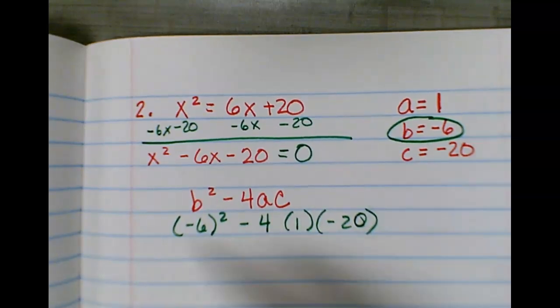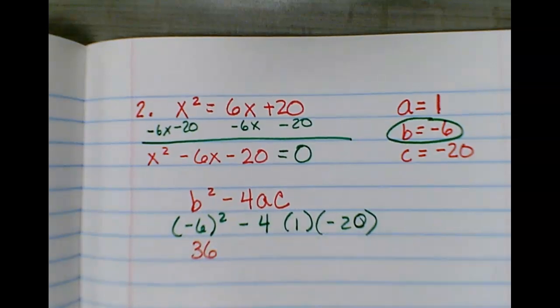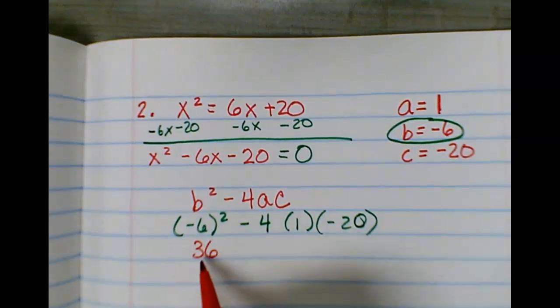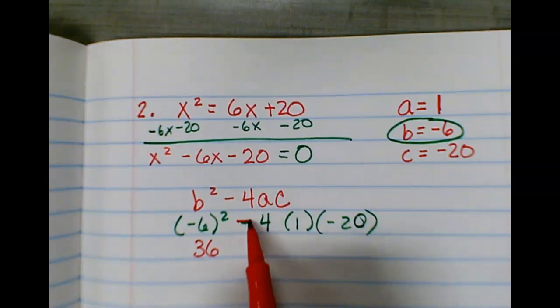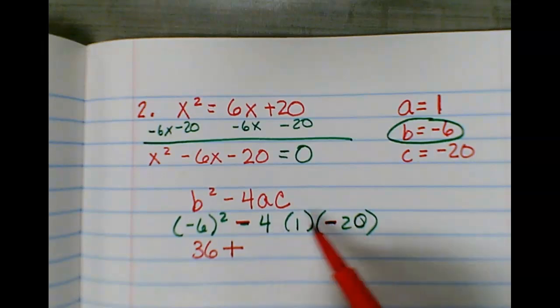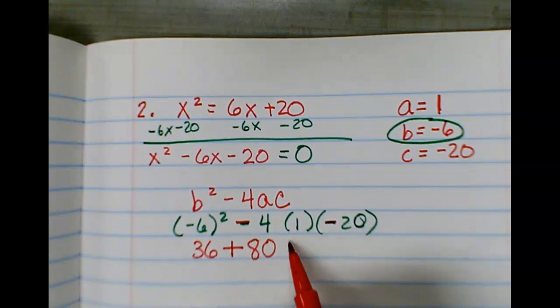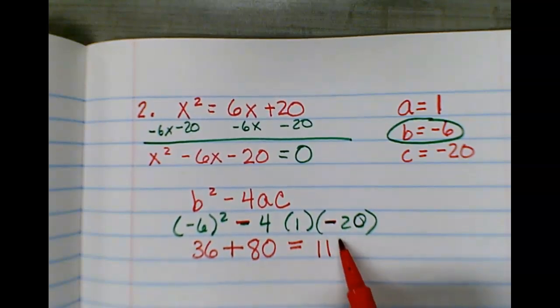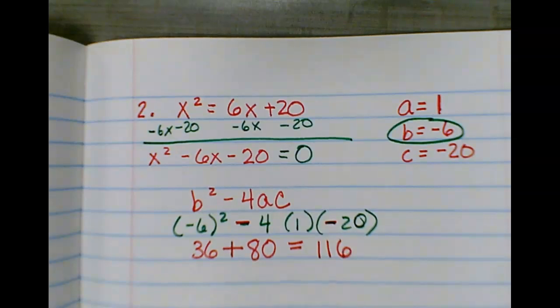This number right here, when you square it, will always be positive, because negative times a negative makes a positive. 4 times 20 would be 80. Ten squared is 100. 11 squared is 121. Is this a perfect square number?